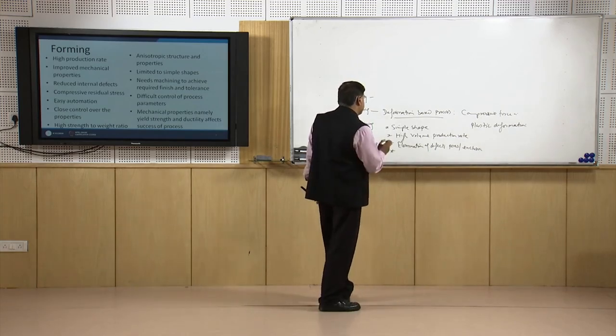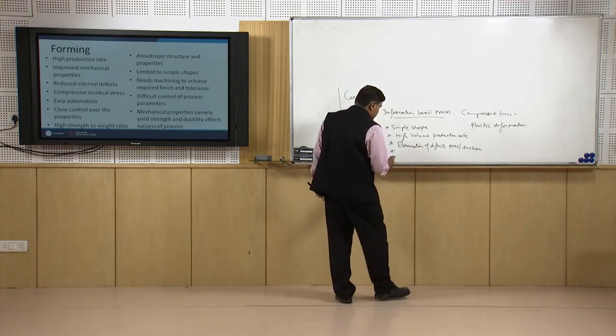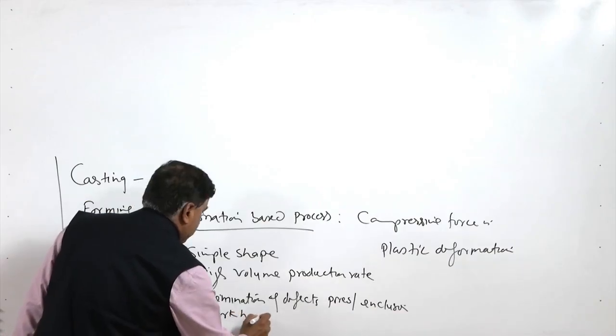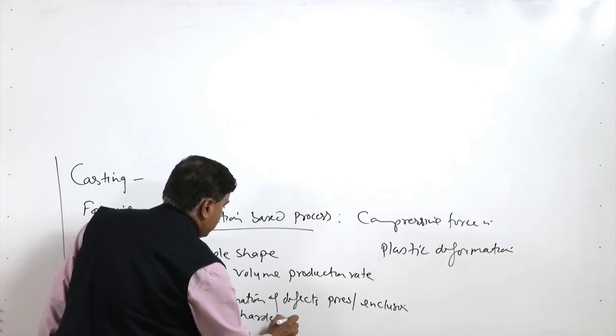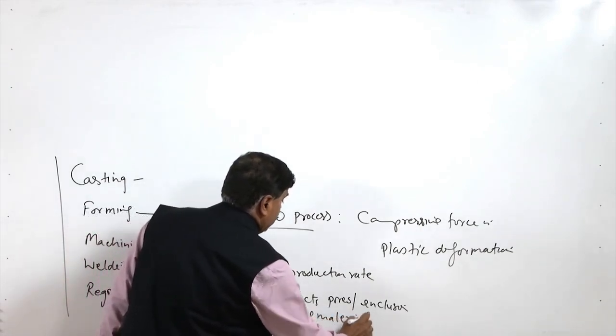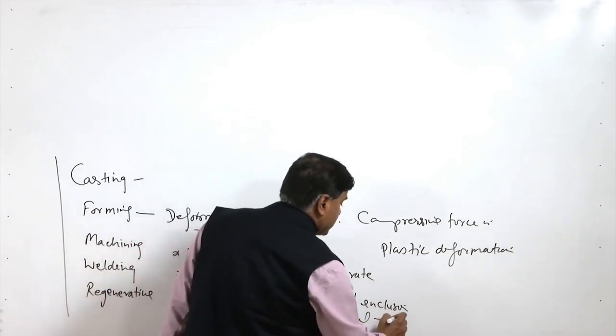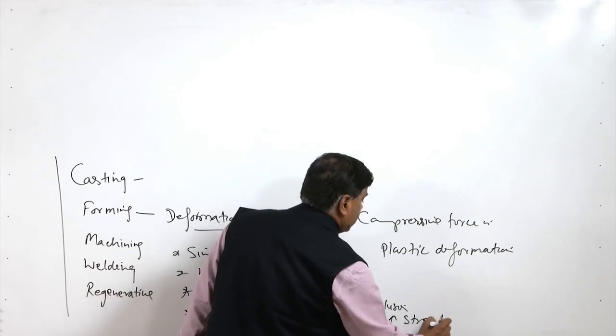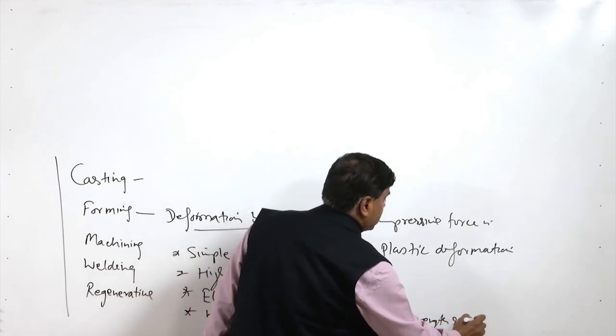and at the same time the plastic deformation causes the work hardening of the material. So, work hardening leads to the increased strength and the hardness of the material.